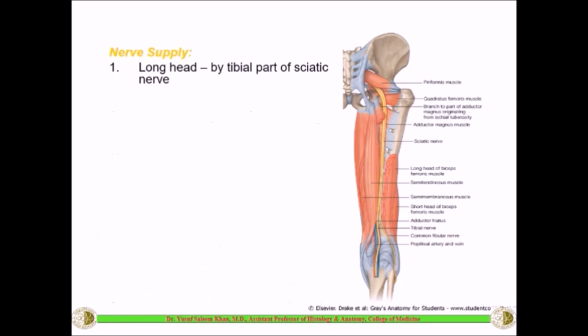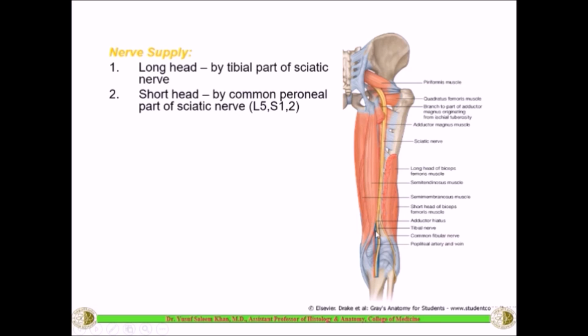Now coming to nerve supply, the nerve supply is slightly different here. The long head is supplied by the tibial part of the sciatic nerve like other muscles, but the short head is supplied by the other part of the sciatic nerve. So if you see here, this is the sciatic nerve which descends from the gluteal region into the thigh and it is present in the posterior compartment. Most of the muscles here are supplied by the tibial part.